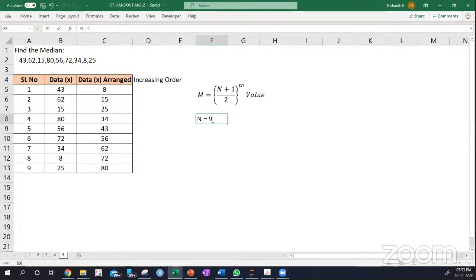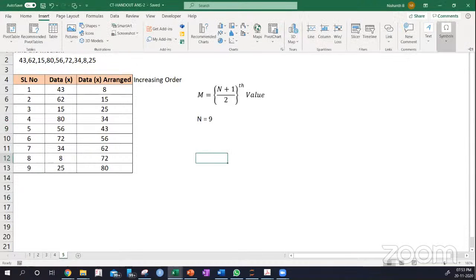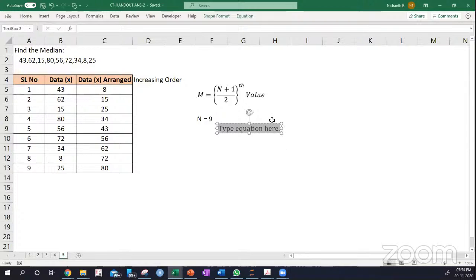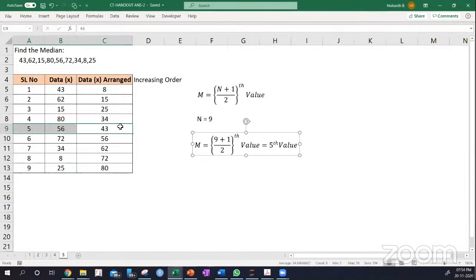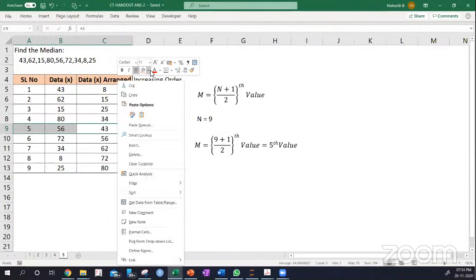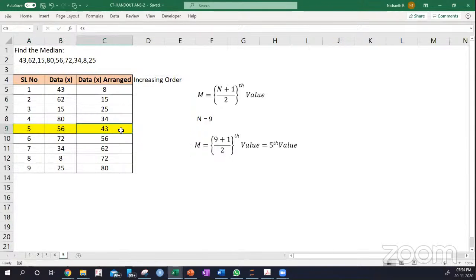I have 9 values, so (n plus 1) by 2 is 10 by 2, which is the 5th value. What is the 5th value after arranging? It is 43. So my median is 43.